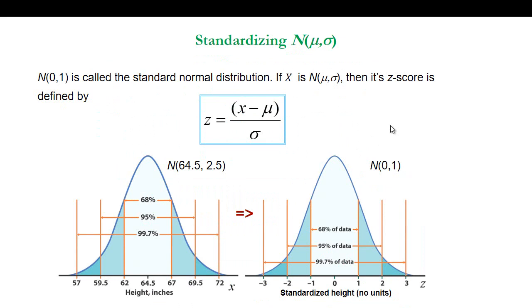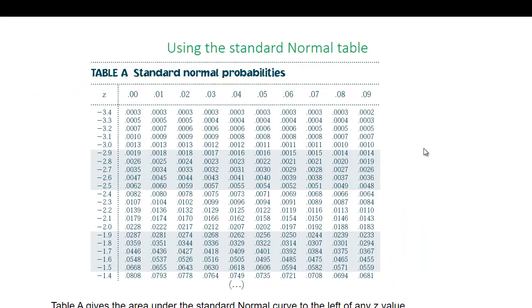There are tables that contain estimated values of areas below the density curve, and you don't want to do it for any given parameters. You want to do it for only one normal distribution, and that's the standard normal distribution. So this table here gives us the areas below the standard normal curve.